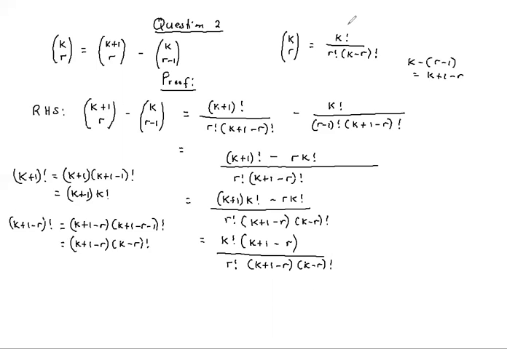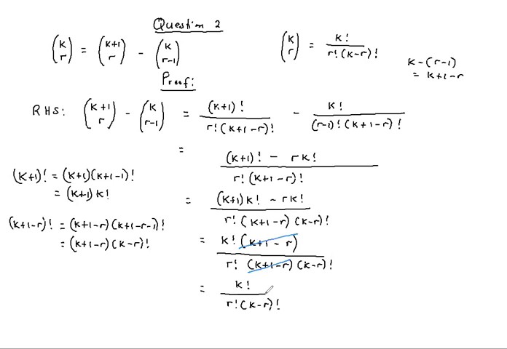We can clearly see that this part and this part will cancel, and we are going to remain with k factorial over r factorial k minus r factorial.